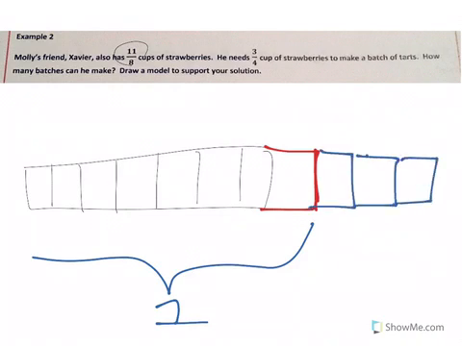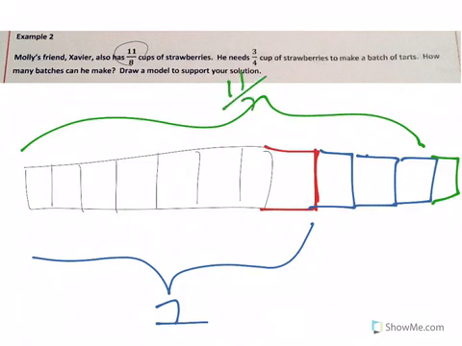9/8, 10/8, 11/8. If I need to, I can go farther, right? Let's go 12/8. We'll do that with a different color entirely, right? So I know that this whole thing right here is my 11/8, okay?